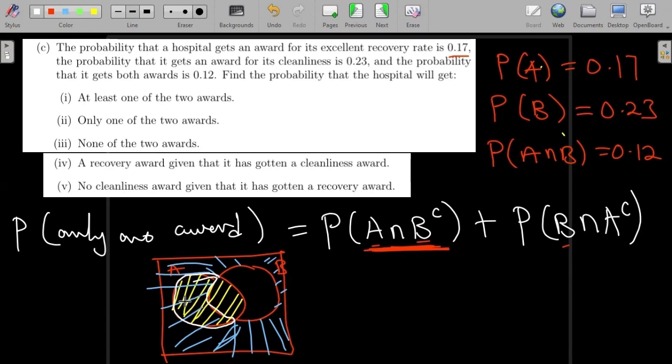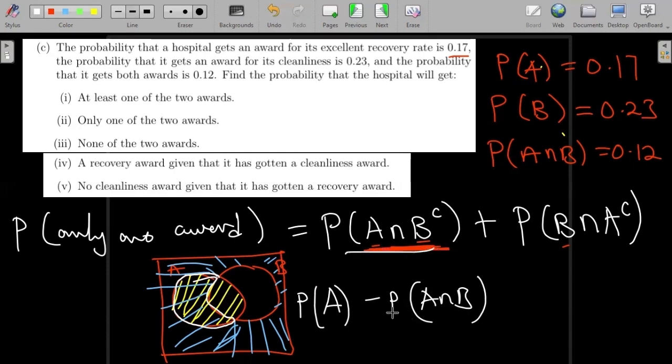So in what other way can we describe this part that I've traced in white here? We can see that this part in white is the same as the set A, all of it, minus this part here, which is the intersection of A and B. So the probability of A intersection B complement is the same as the probability of A minus the probability of A intersection B, according to this Venn diagram.